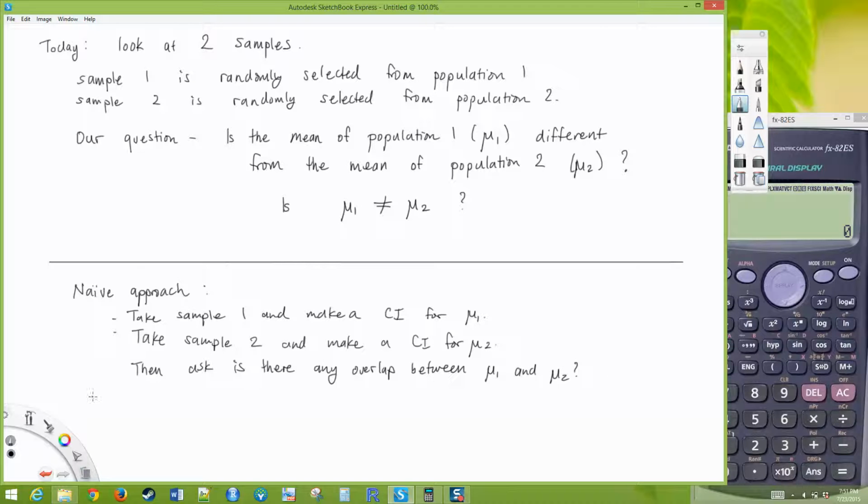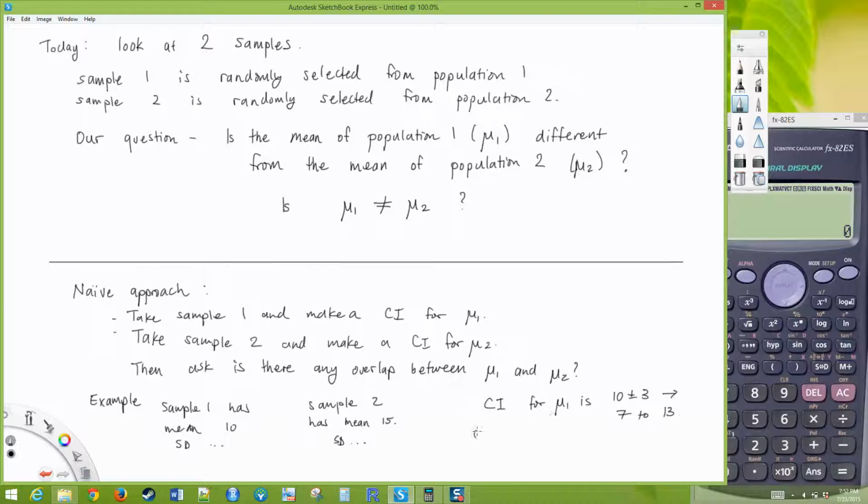Okay, so for example, let's say sample 1 has mean 10 and standard deviation something else, and sample 2 has mean 15, and standard deviation something else. So maybe the confidence interval for mu1 is 10 plus or minus 3, which gives us 7 to 13.